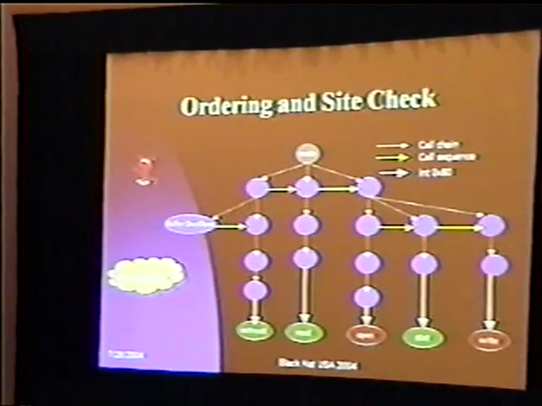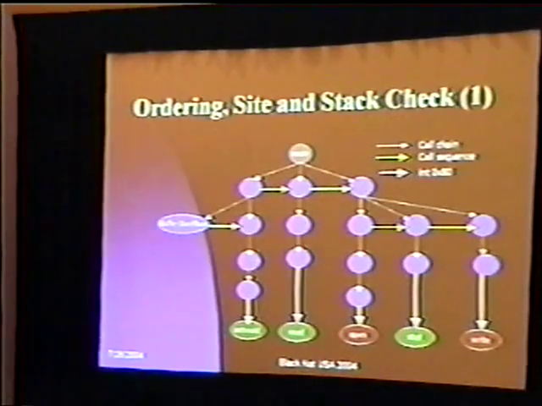So if the attacker really wants to issue this system call, he has to make sure it is made at the place it is supposed to be. That means the attacker has to be able to grab the control back, and in order to do that, they have to set up the stack. So that makes his job slightly more difficult. That's what the site check gives you.